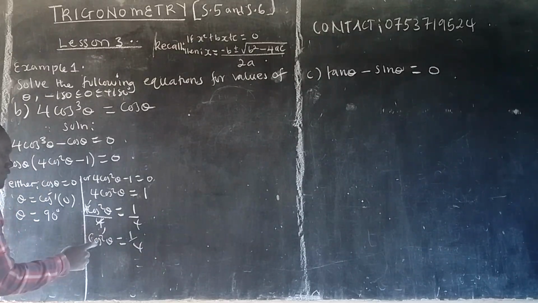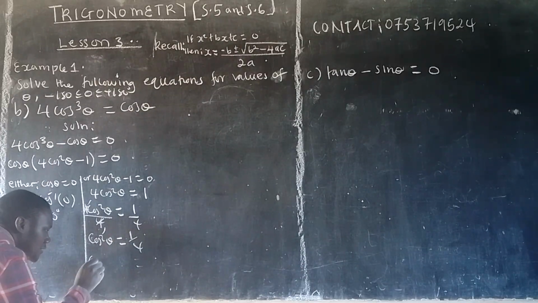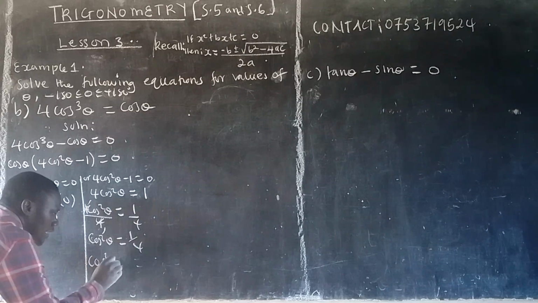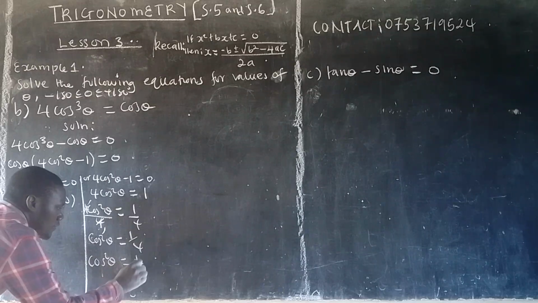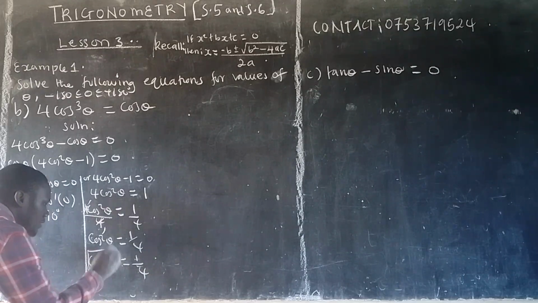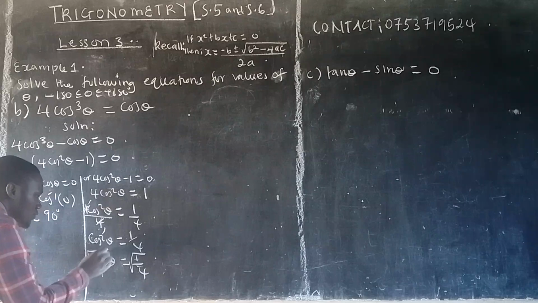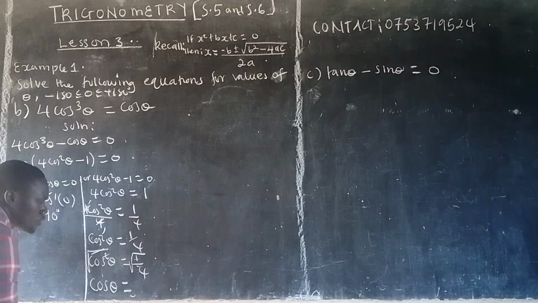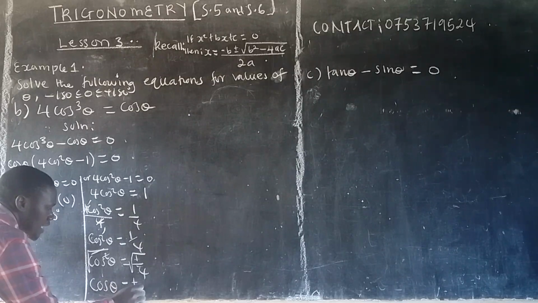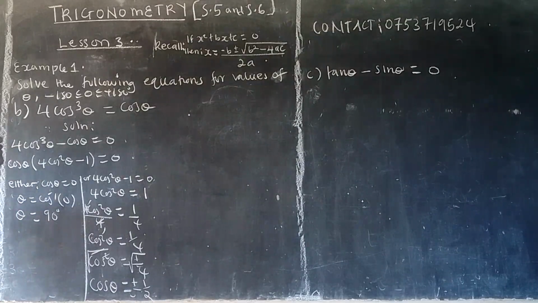You all know when you have this, it will now be cos squared theta is equal to 1 over 4. Introduce a square root. This 2 goes out with that. So you have that cos theta is equal to positive negative a half, like that.